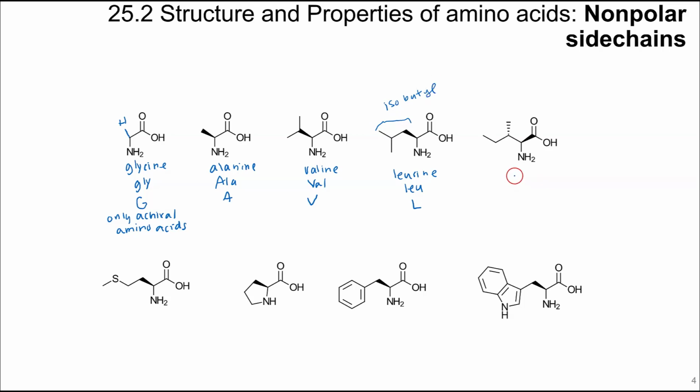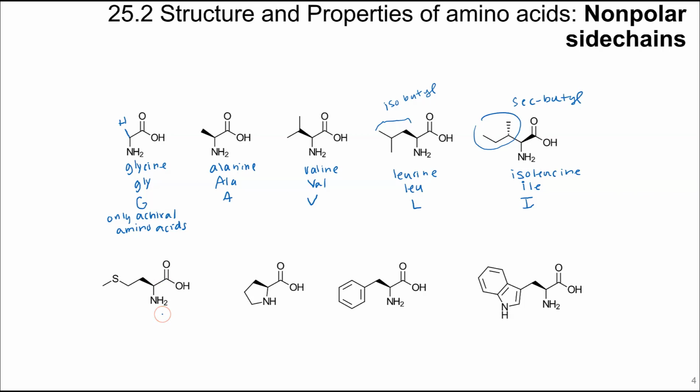This one is isoleucine. So it's counterintuitive. I would think that the one that is isobutyl would be isoleucine, but it's backwards. So isoleucine, this is a sec-butyl. The abbreviation here is ILE, and I is the 1-letter abbreviation there.